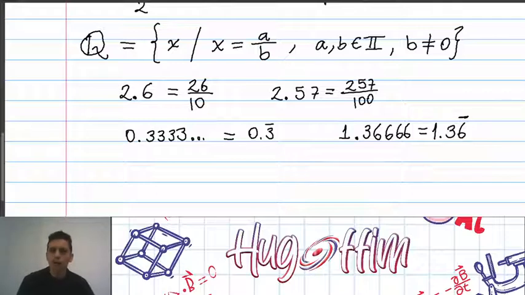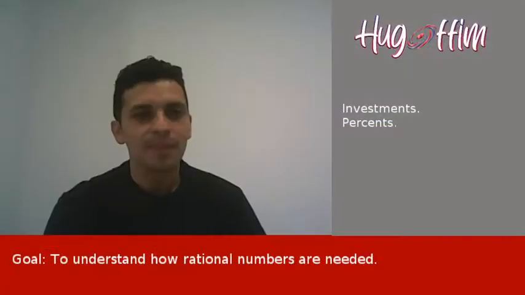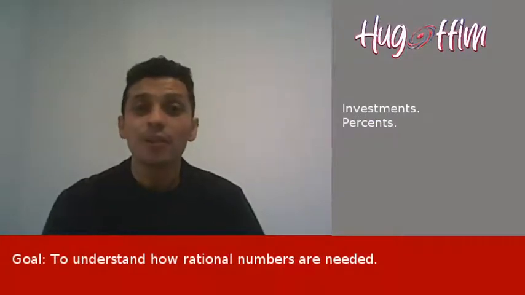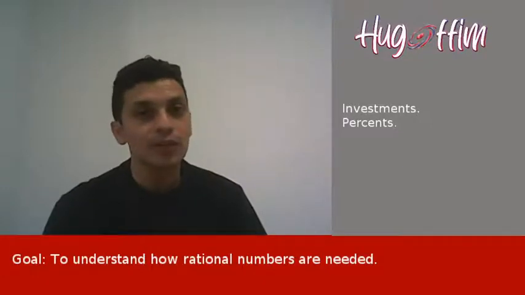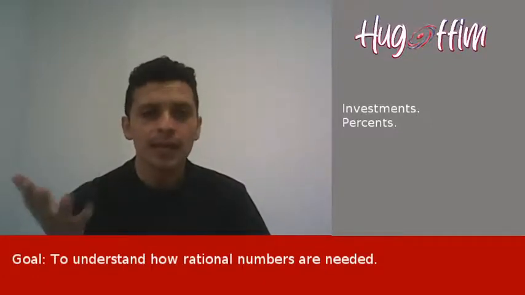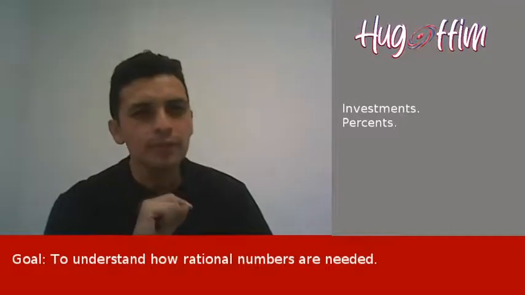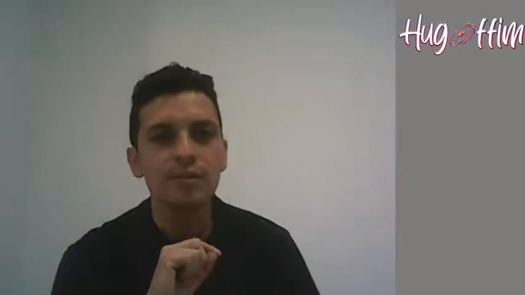Could we demonstrate whether these numbers are rational or not? Do we need another set different from rationals to express repeating decimals? So I think that this is something we're going to learn in the next video, in which I'm going to explain what happens to repeating decimals, and we're going to see whether repeating decimals are part of the rational number system.